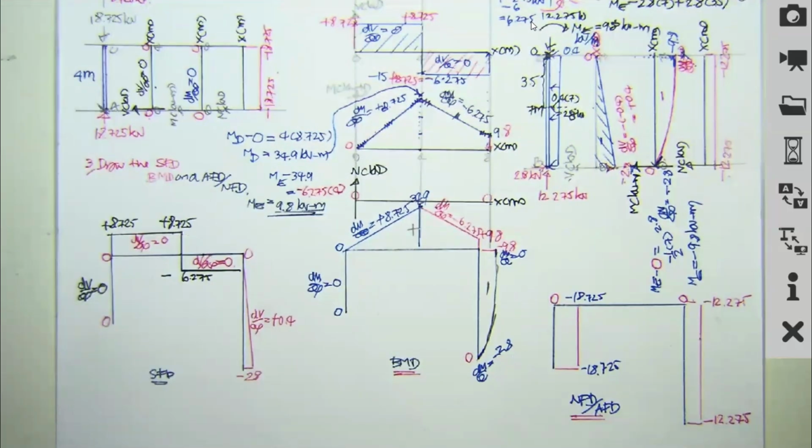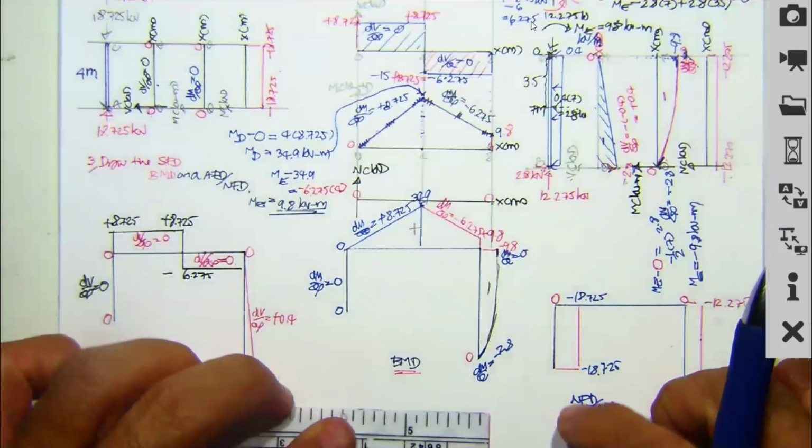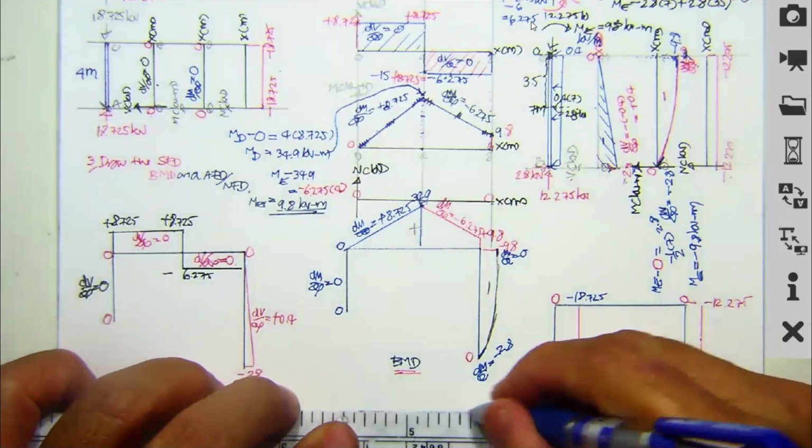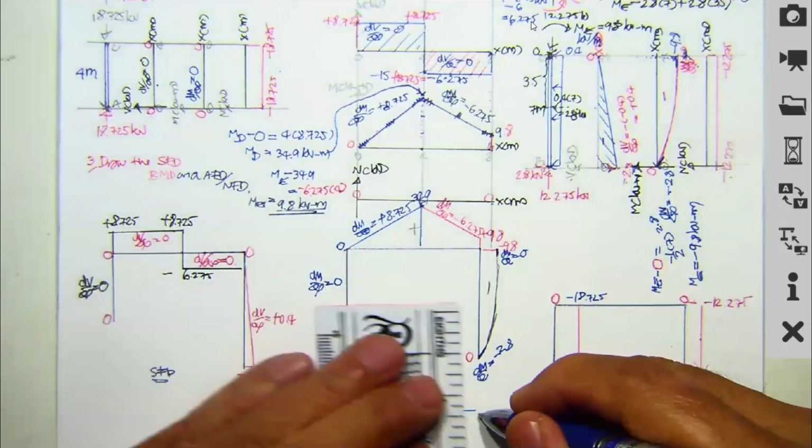Then there are two more important things for the bending moment diagram as we draw the elastic curve. Now, follow what we have over here. We may try to draw the elastic curve based on what we have here.